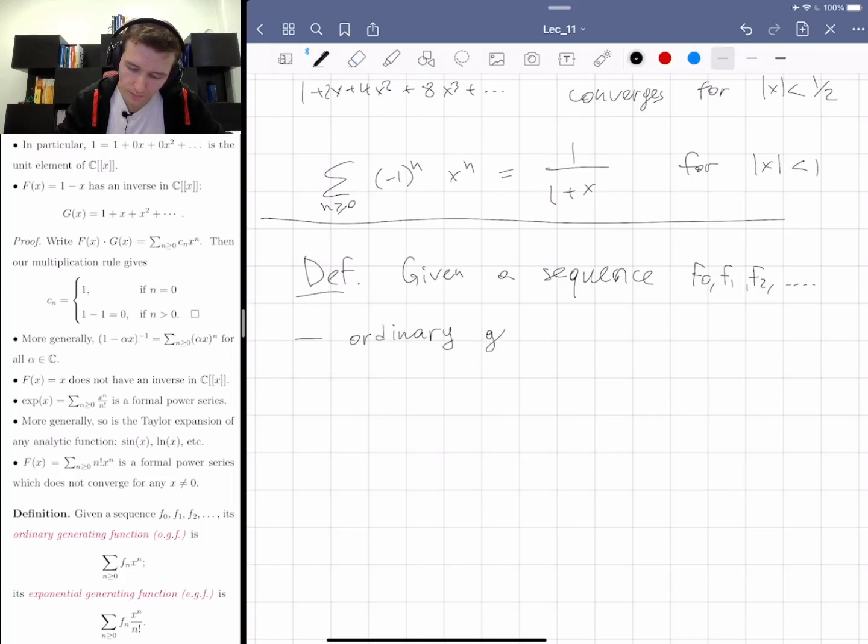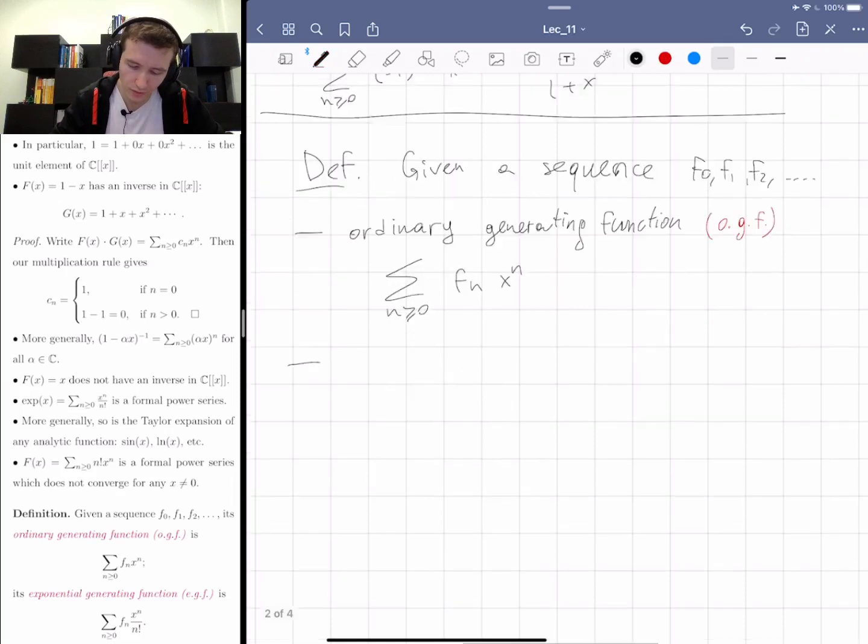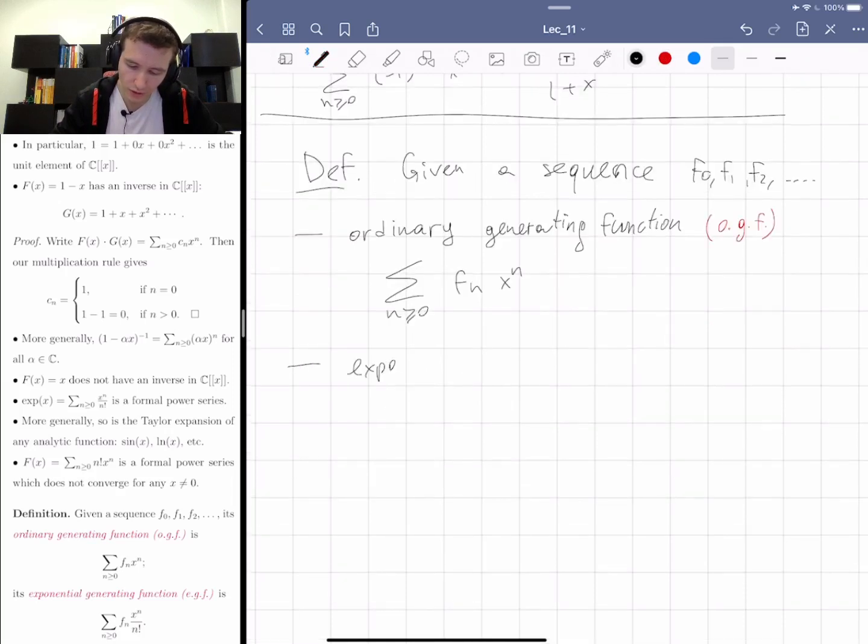So the first thing I can do is to take the ordinary generating function, which I'm going to abbreviate as OGF. And this is just by definition the same thing we did above, the sum of fn x to the n. Another thing I can do is take the exponential generating function, which I'm going to abbreviate as EGF.